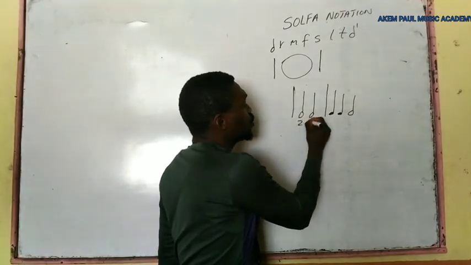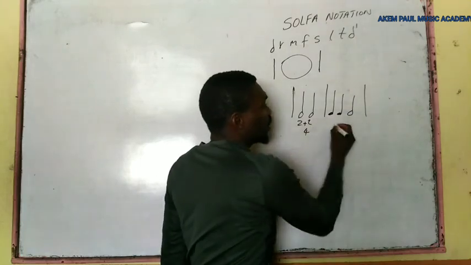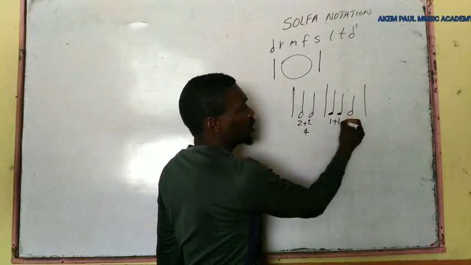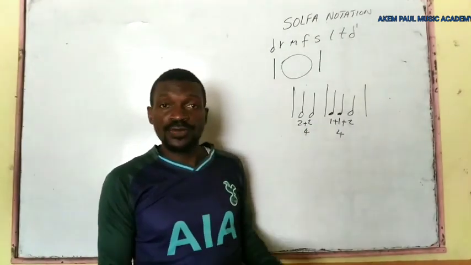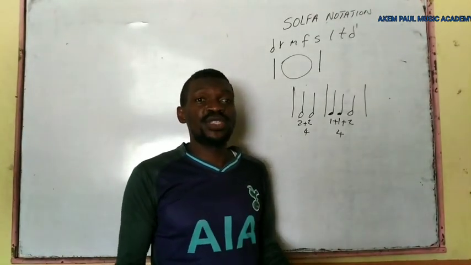So 2 plus 2 will give us 4. If you come to this measure, we have 1 plus 1 and then plus 2. This is crotchet, which will give you 4. So this bar line helps us to separate the music into equal measures so that you have equal time.